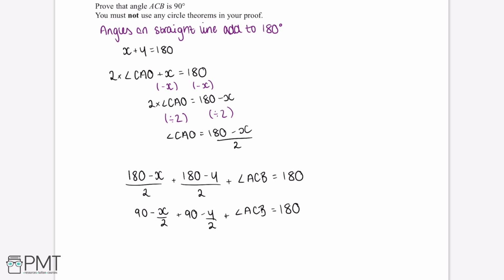And if we collect all the like terms, this gives us that 180 minus X over 2 minus Y over 2 plus angle ACB is equal to 180 degrees.